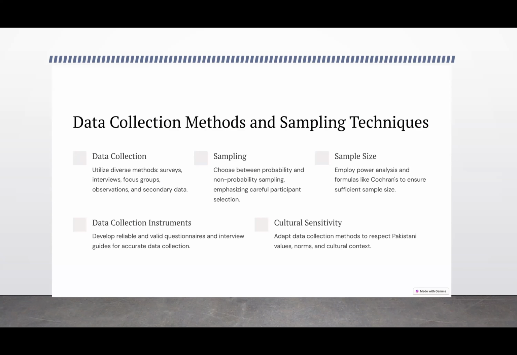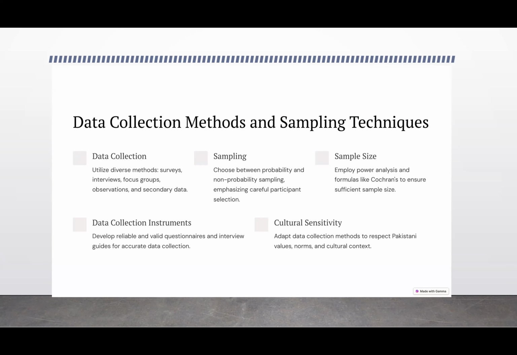Data collection method and sampling technique. Data collection utilizes diverse methods: surveys, interviews, focus groups, observation, and secondary data. Data collection instrument: develop reliable, valid questionnaires and interview guides for accurate data collection.